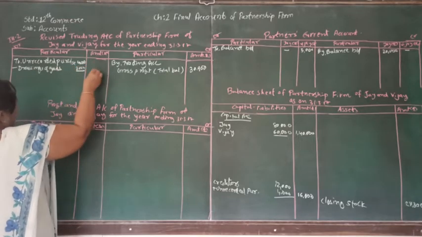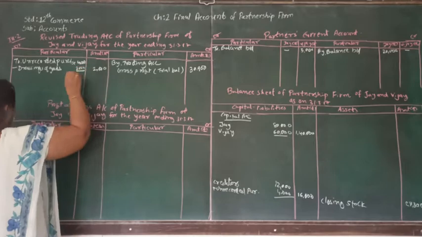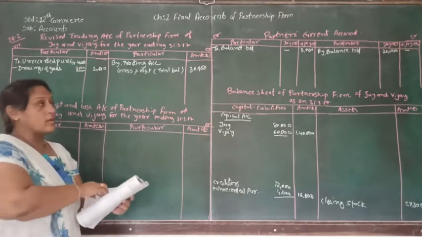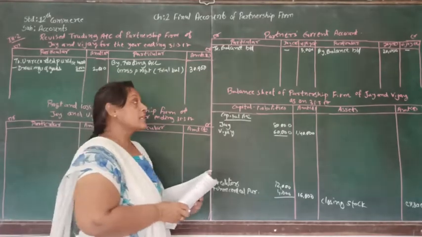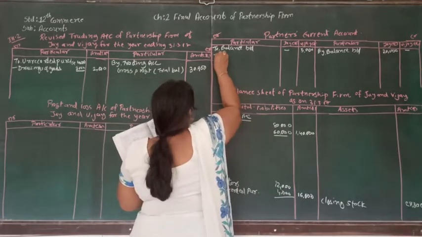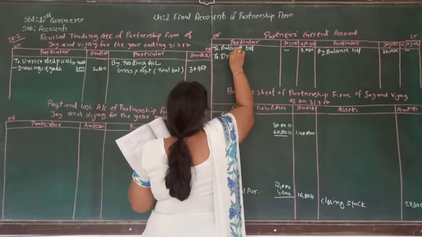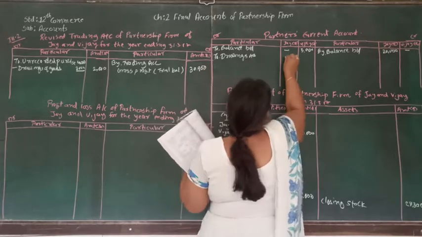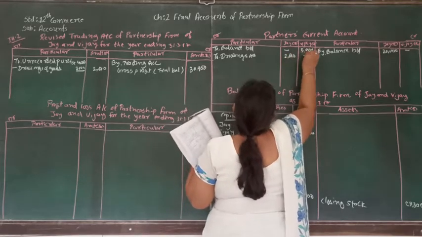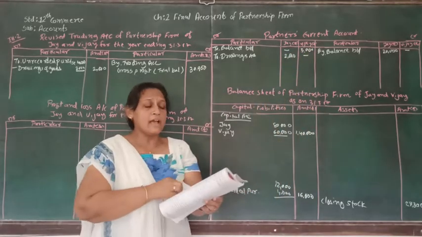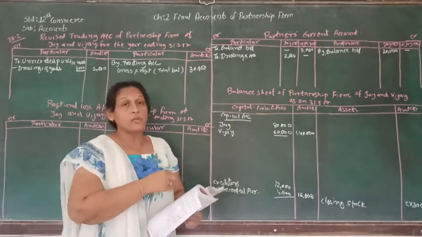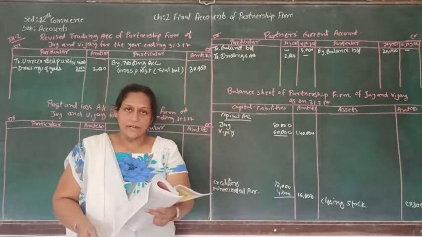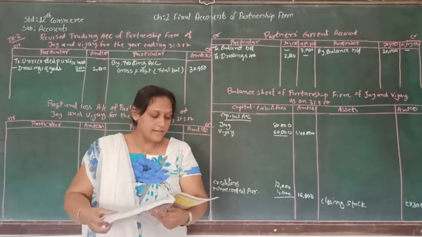The net of that will be 2,000, which we write in the outer column. This 2,000 drawing we write in the current account of Jay, to drawing account, 2,000. So we have now recorded the true effect of adjustment number 2 and adjustment number 3.